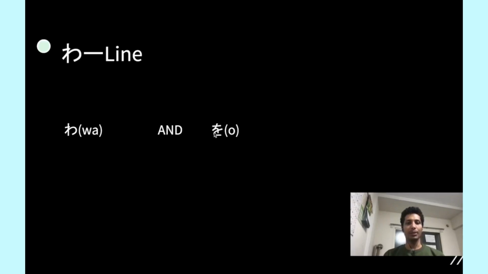So wo is widely used when we form a Japanese sentence, especially polite or business-level sentences. So the wa line consists of wa and wo.